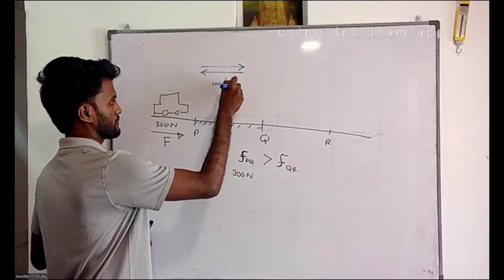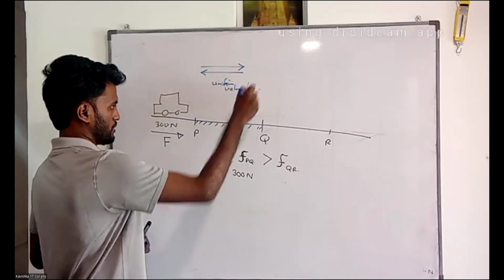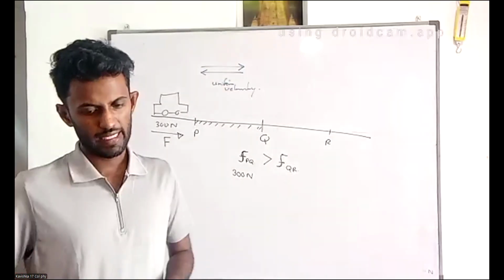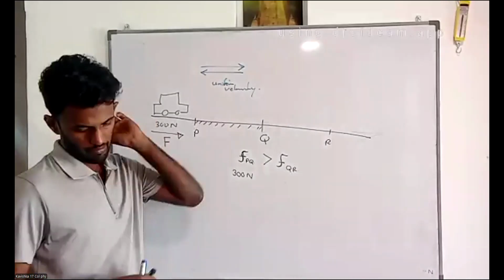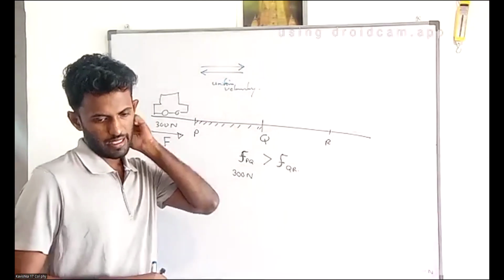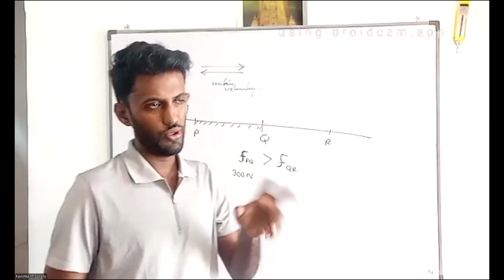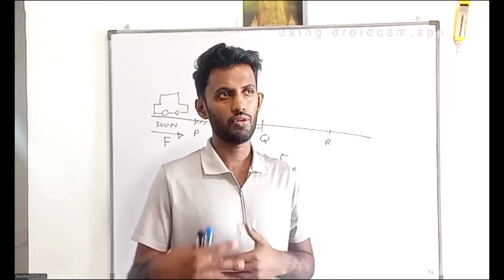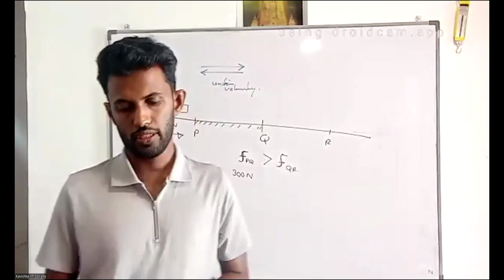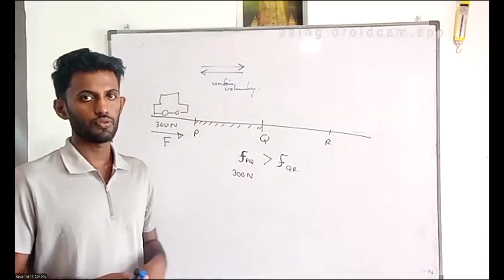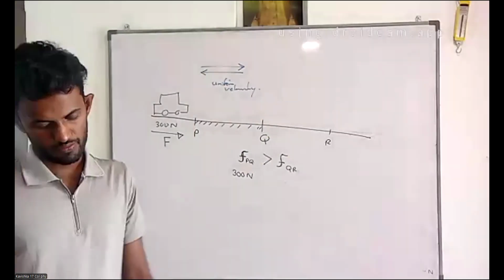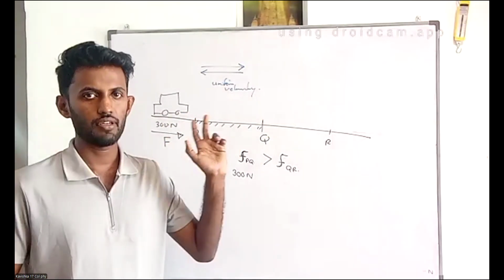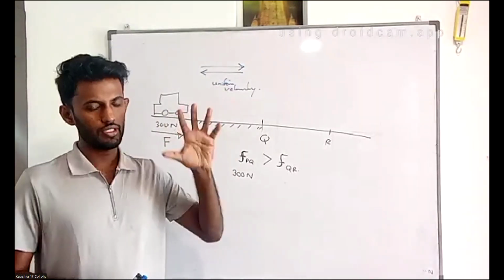The reason you have to write is that the forces are in equilibrium, or there is no resultant force in the forward or backward direction, so it does not decelerate.